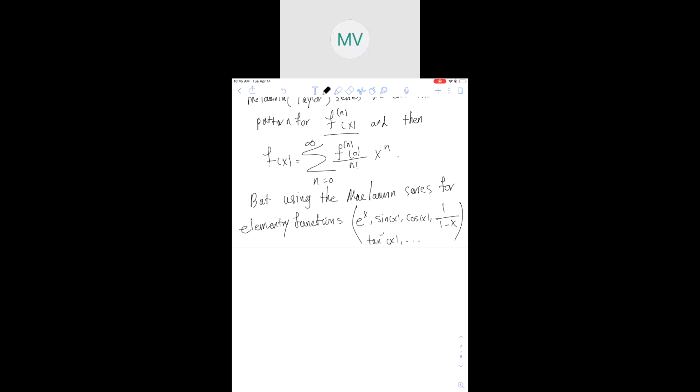But using Maclaurin series for elementary functions, we can come up with Maclaurin series for combinations of these functions.